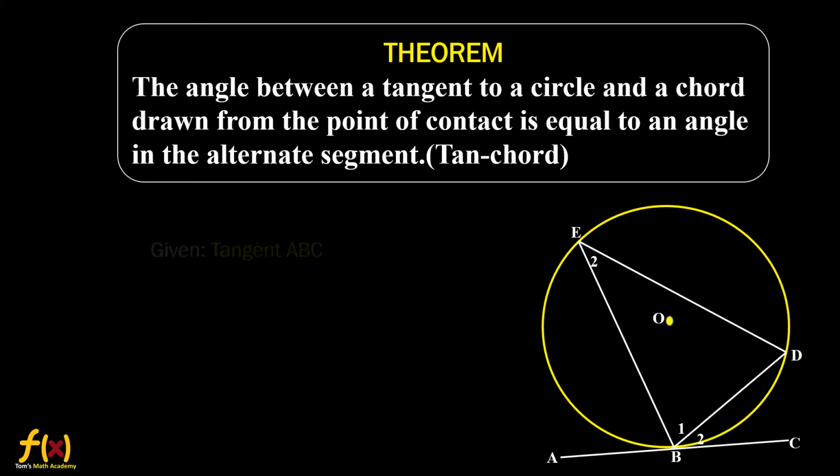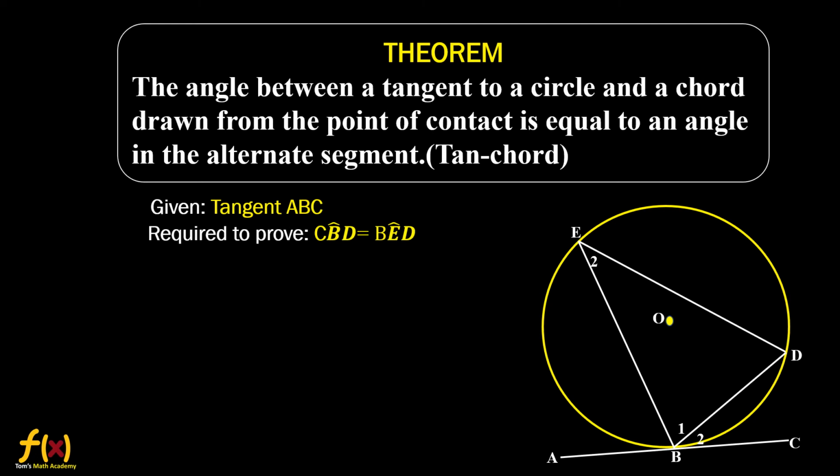Let us prove it now. Very easy steps. Given tangent ABC, required to prove angle CBD is equal to angle BED. That is what we are going to prove. We usually make some constructions.